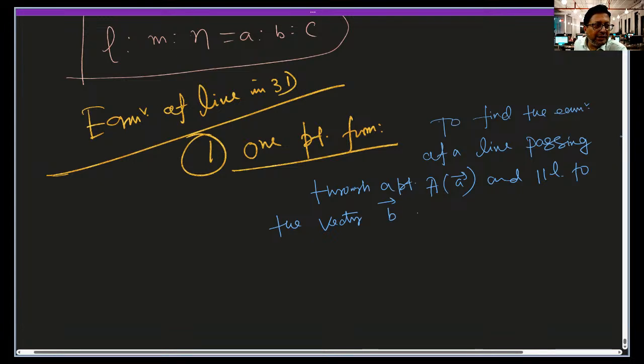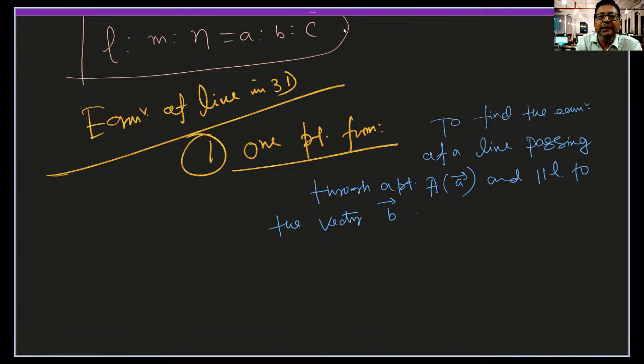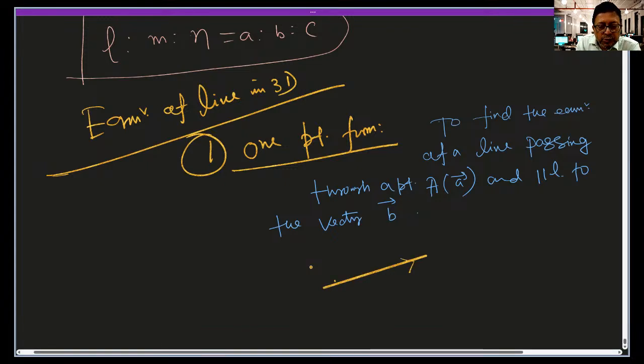This is enough. If you know a point and direction, in 2D what you have seen, if you know the slope and a point, then one point form is there. Direction ratio, direction cosine plays the role of that slope over there. So let us write the equation of a line passing through this and parallel to vector b. This is your line. It is passing through the point A. It is parallel to this vector b.